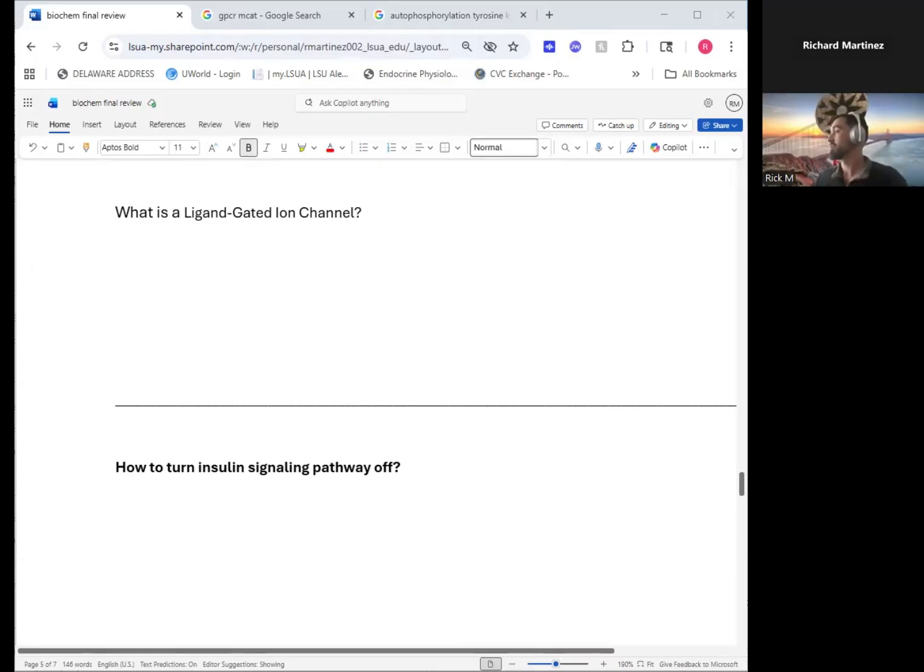That all could be in the signal transduction pathway.